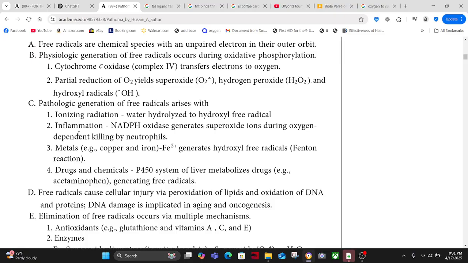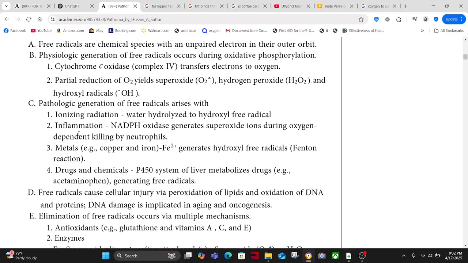DNA damage is implicated in aging and oncogenesis. So free radicals cause cellular injury by peroxidation of lipids. What does that mean? Peroxidation of lipids means the lipid cell membrane is damaged, and oxidation of DNA is a type of DNA damage.